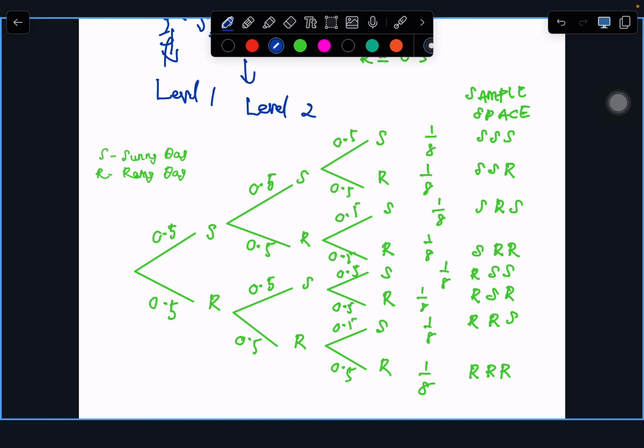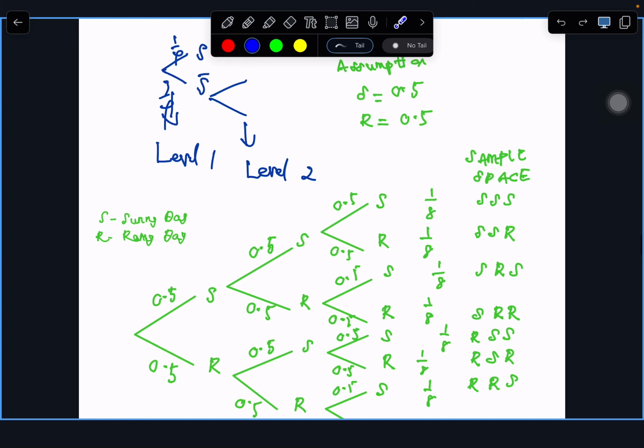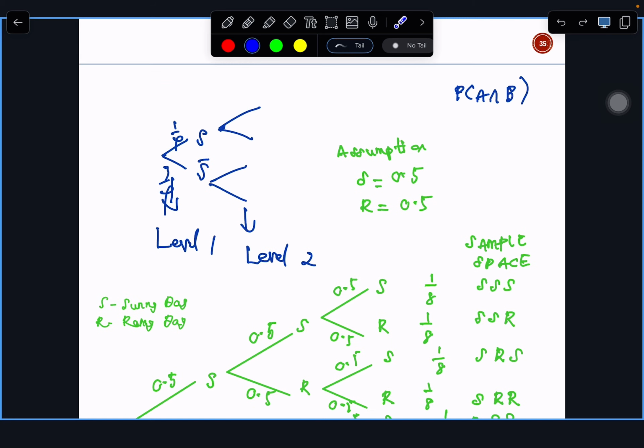The tricky one is this SSS. This SSS here is actually an intersection. So this one is actually S intersect S. The outcome or the sample space you list is actually an intersection.